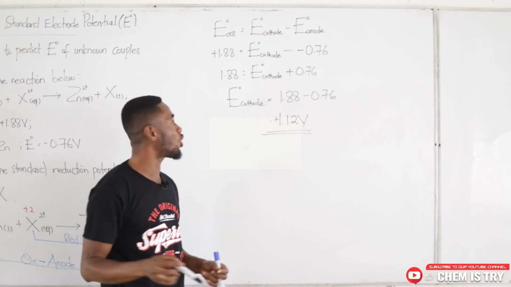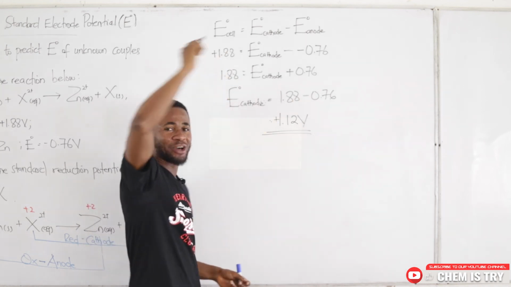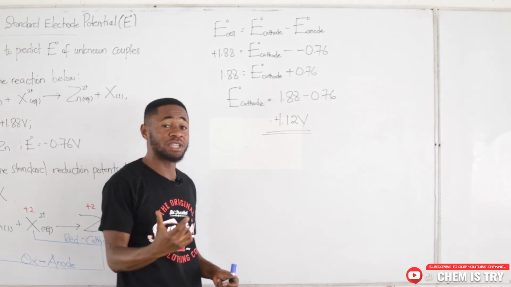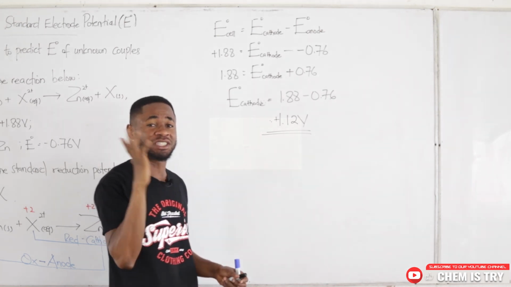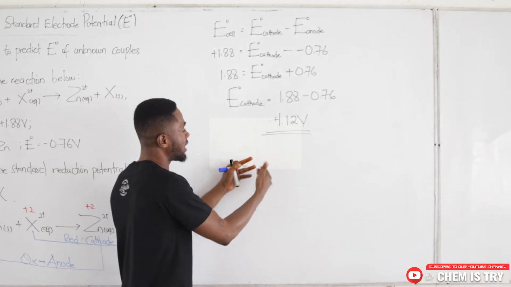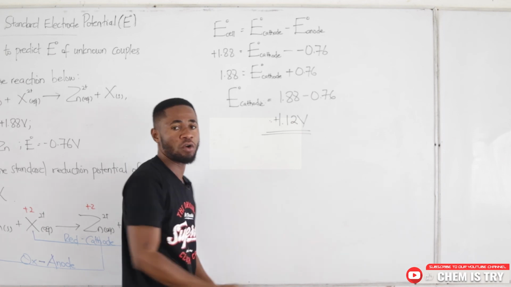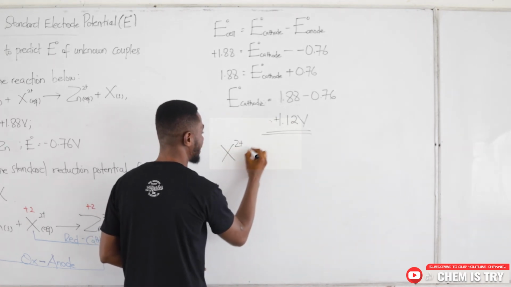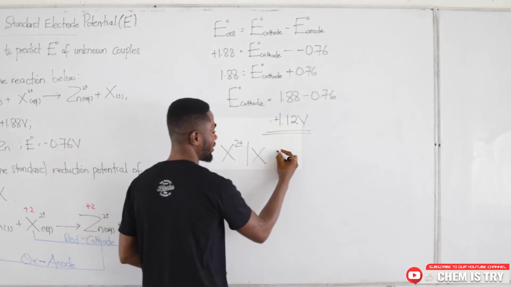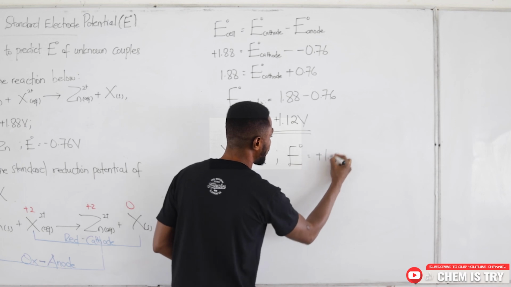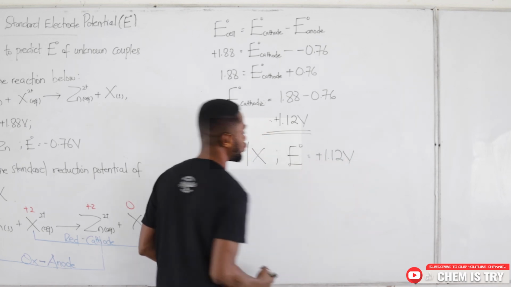So with knowledge of the EMF of the cell and the standard reduction potential value of one of the species, we have been able to calculate the standard reduction potential of an unknown couple. So X2+/X, its standard reduction potential value is equal to positive 1.12 volts.